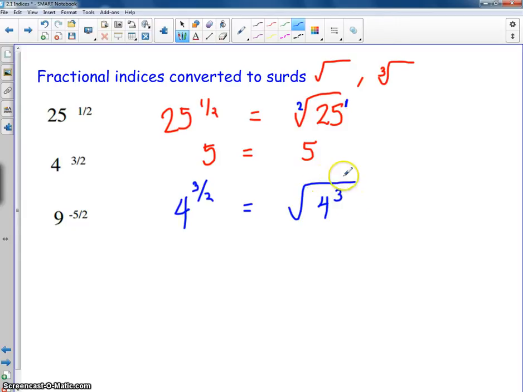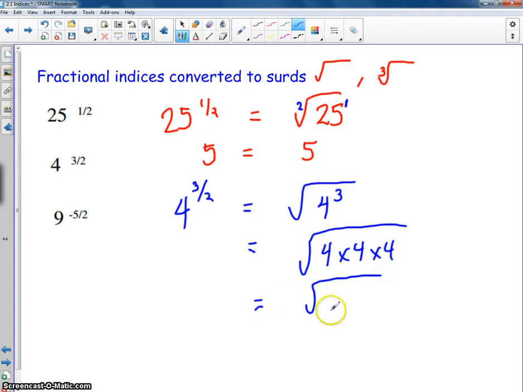So this should be the same as that one. If we simplify this, it becomes the square root of 4 times 4 times 4, which is the square root of 64, and that is equal to 8, because 8 times 8 is 64.